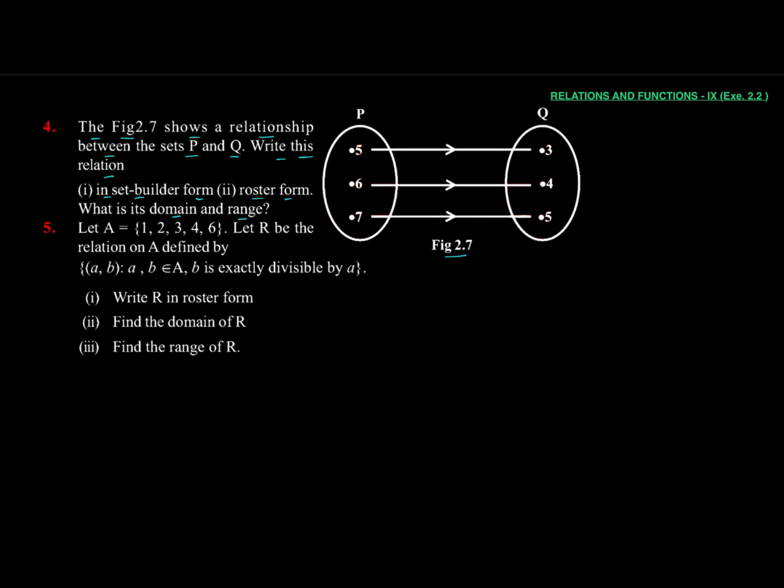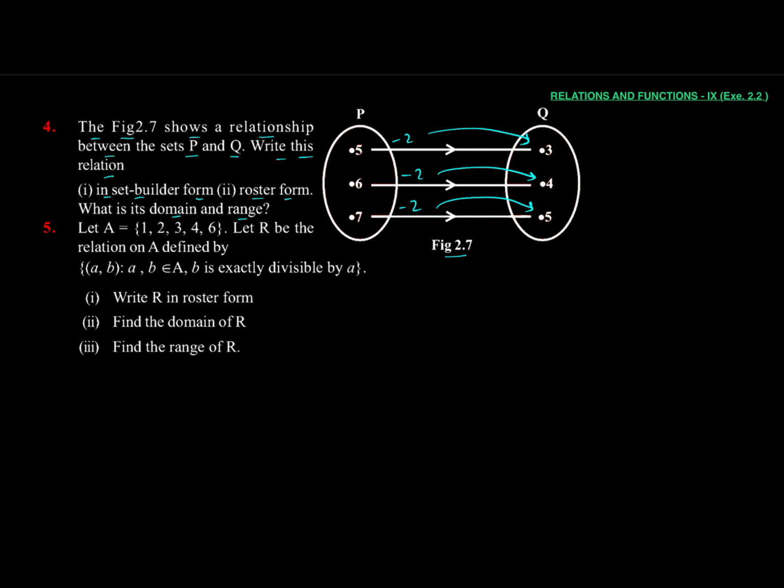So in question number 4, we'll have to represent the relationship which is given in figure 2.7 in the set builder form. So here one can observe that each element of Q can be obtained by subtracting 2 from each element of P. So here 5 minus 2 is 3. Similarly, 6 minus 2 is 4 and 7 minus 2 is 5.